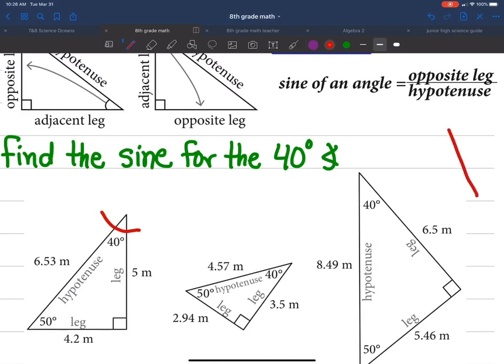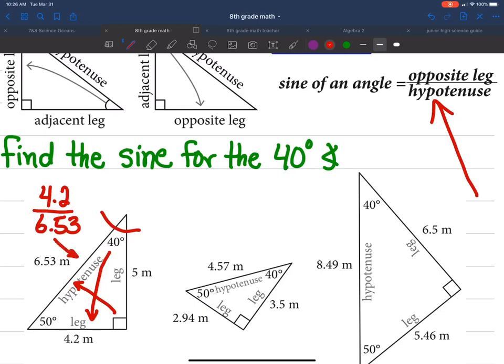Our formula tells us what to do. I want the opposite leg, which is that one right there, and I also want the hypotenuse, which is right there. So I am going to divide 4.2 by 6.53. That is the formula that we want for this triangle.